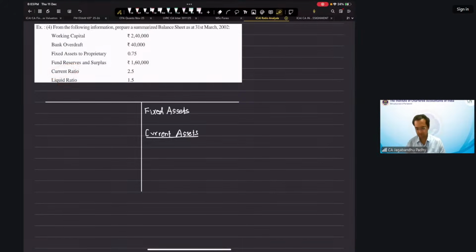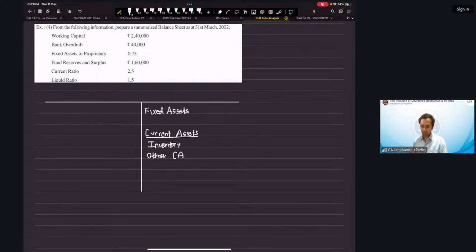These are the two terms given. The liquid and current ratio get distributed only on the basis of the stock. So in current assets, I will have stock or inventory, and other current assets.